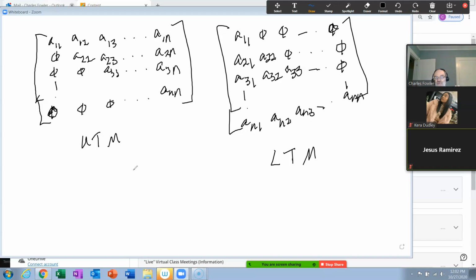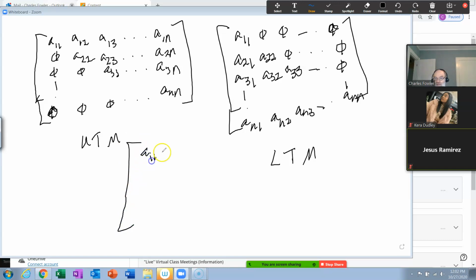if you had a matrix that was both upper and lower, then what that becomes, if it's upper, that means everything below the main diagonal is 0. But if it's also lower, that means everything above the main diagonal is 0. So that one would be this one.